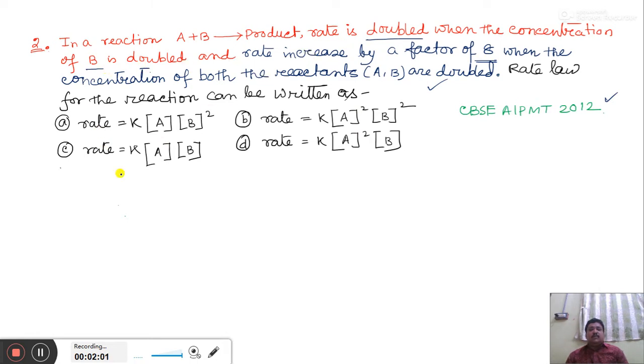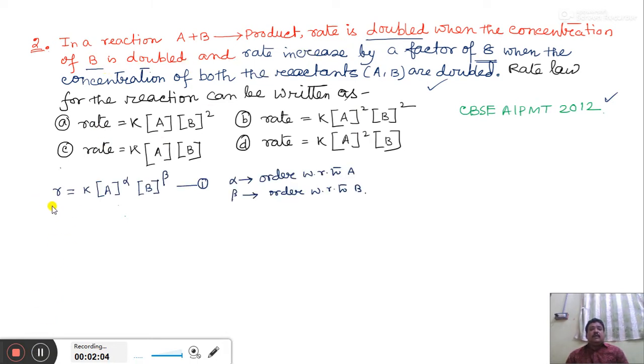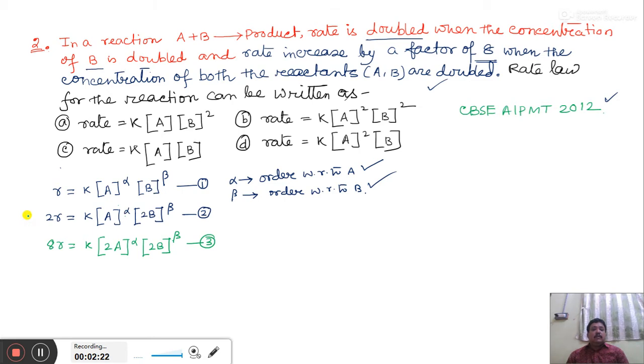Now from the given data we can write rate R is equal to K into molar concentration of A to the power alpha into molar concentration of B to the power beta, where alpha is the order of the reaction with respect to A and beta is the order with respect to B. From the given data we can write 2R is equal to K into [A] to the power alpha and [2B] to the power beta, because the concentration of only B is doubled in the first case when the reaction rate is doubled. In the second case the reaction rate increases 8 times, so R becomes 8R when both A and B are doubled.